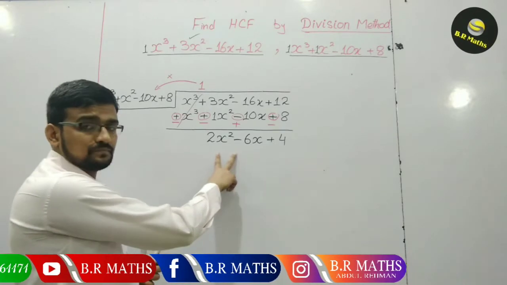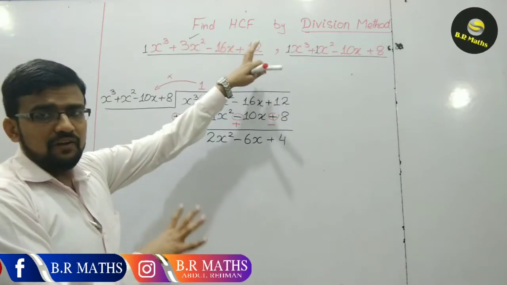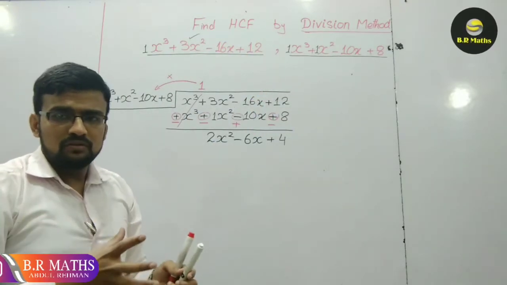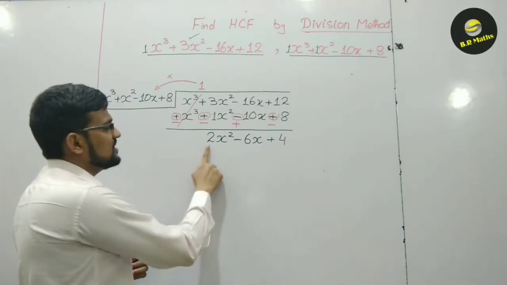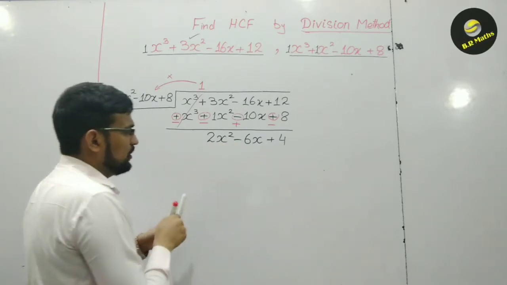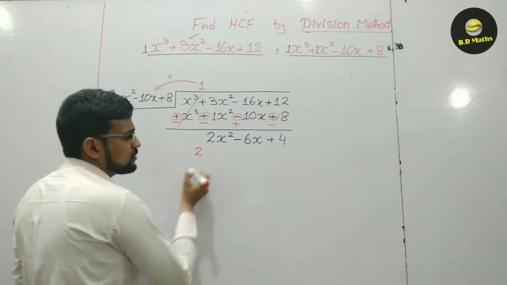See students, in finding the HCF, the highest common factor, you need only the common term, not a non-common term. Therefore, in this polynomial, 2x square minus 6x plus 4, the 2 is a common term, so take 2 common.